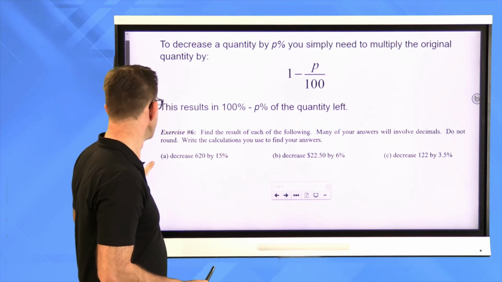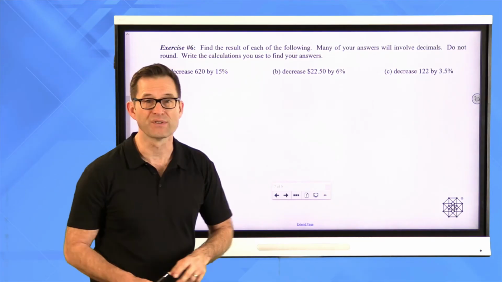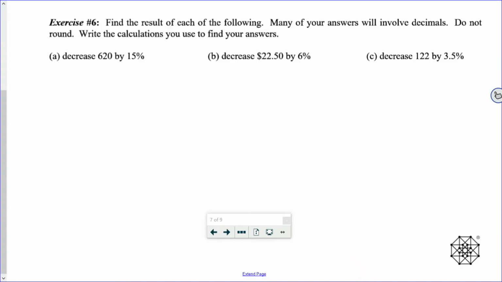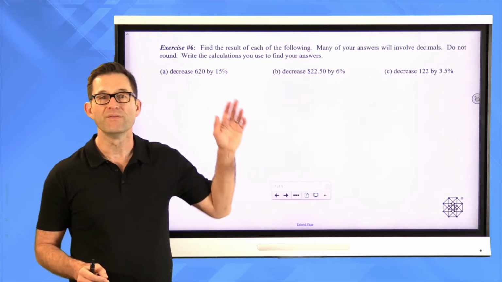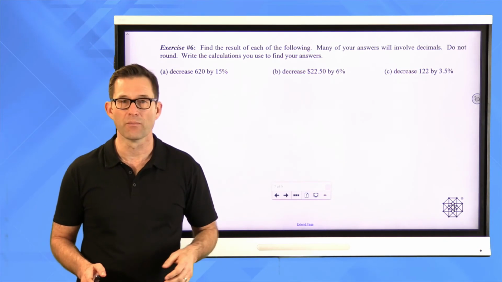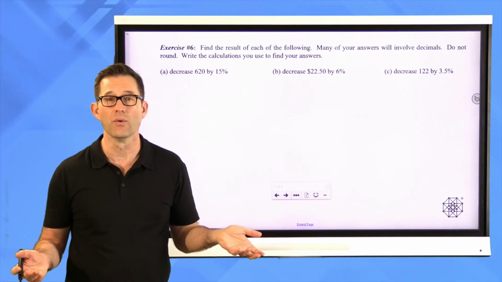So let's take a look at exercise number 6. Find the result of each of the following. Many of your answers will involve decimals. Do not round. Write the calculations you use to find your answers. Okay, so decrease 620 by 15%. There are a lot of different ways you could go about doing this.